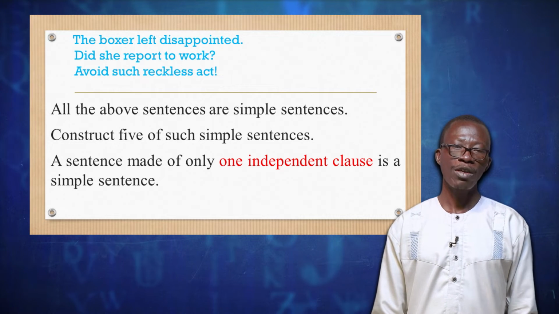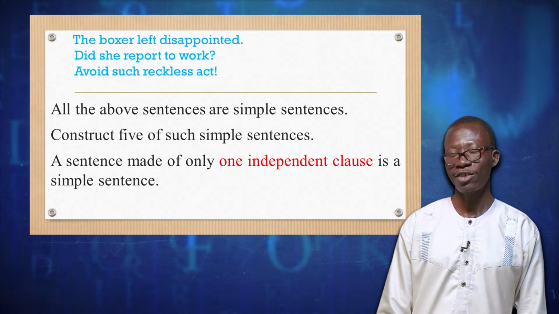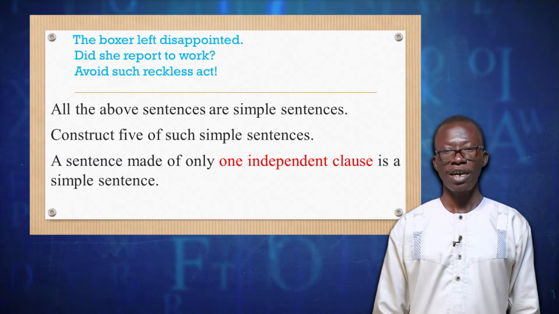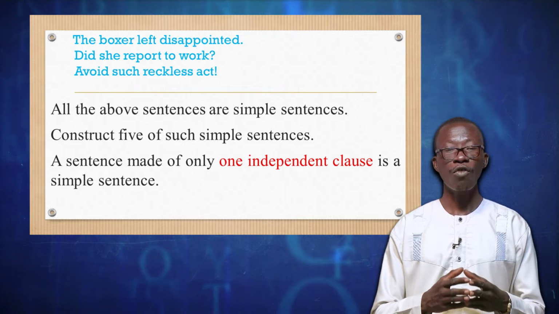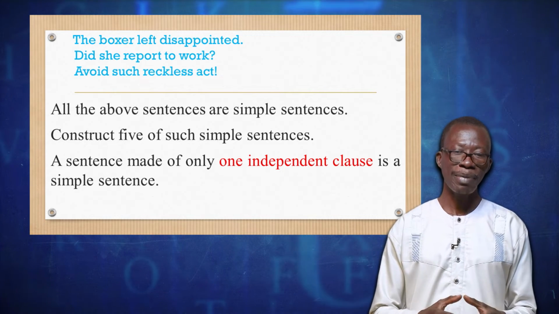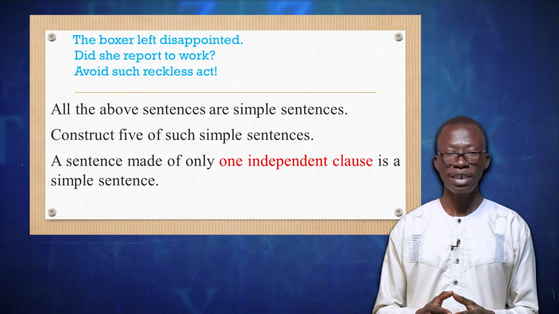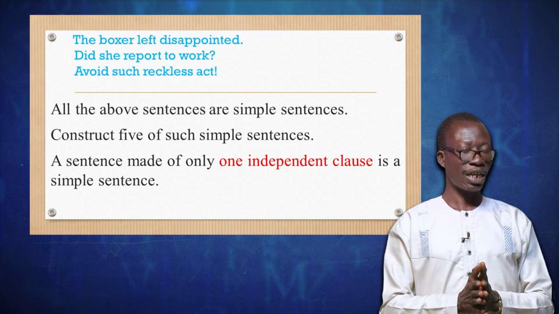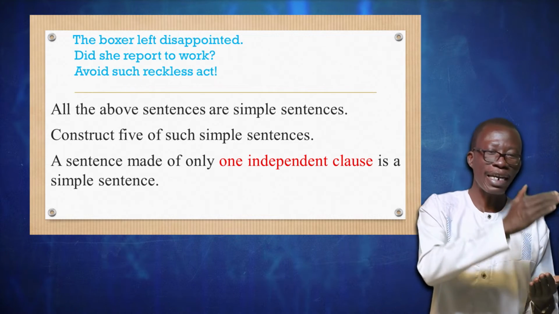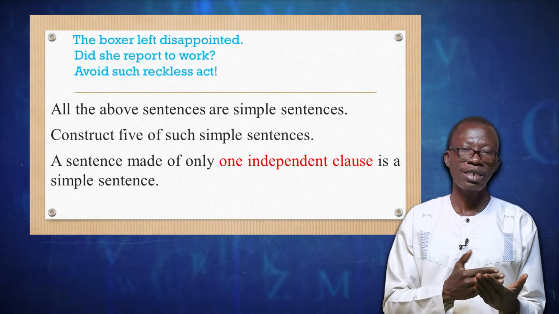Now we say a sentence made of only one independent clause is a simple sentence. So let's take note. If you have a statement that is made of only one independent clause, then that statement is a simple sentence. Now we say independent here means the clause does not depend on another clause before the meaning is clear.